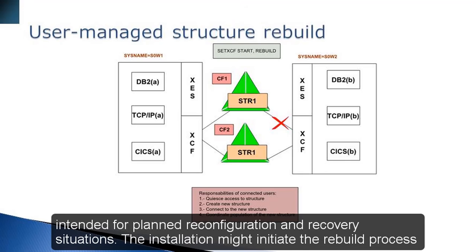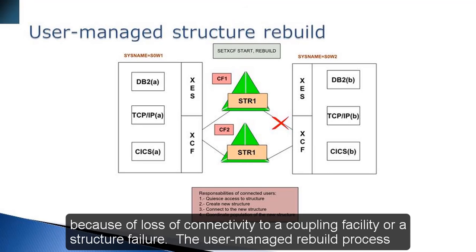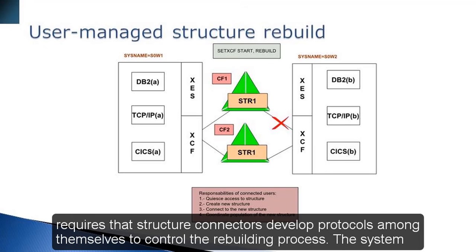User-managed rebuild is intended for planned reconfiguration and recovery situations. The installation might initiate the rebuild process because of loss of connectivity to a coupling facility or a structure failure. The user-managed rebuild process requires the structure connectors to develop protocols among themselves to control the rebuilding process.